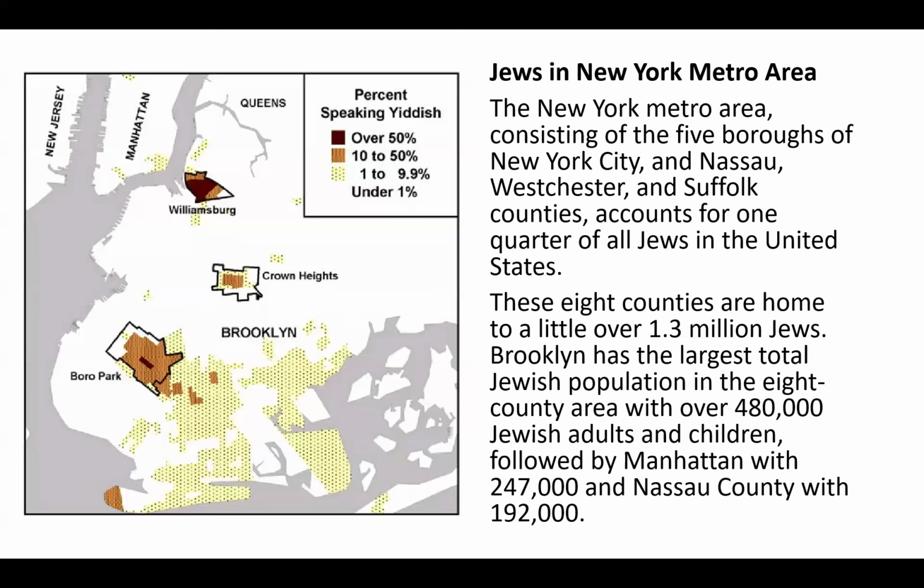1.3 million Jews, Brooklyn being the largest concentration. In the Hasidic areas, the Orthodox areas, Yiddish, as you can see, still is the predominant language.